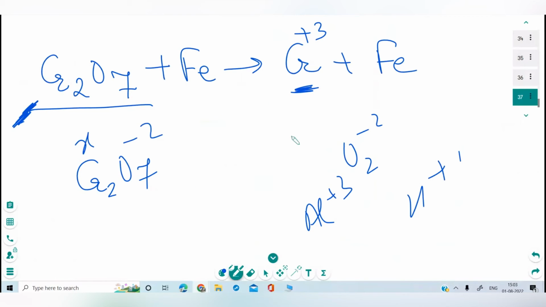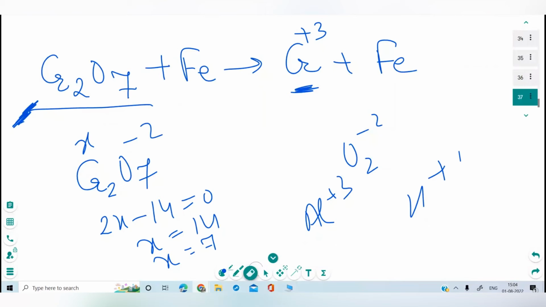So how did you find out? 2x minus 14 equal to 0. So x will be equal to 14 over 2. Correct? Wait, one thing we did wrong over here.